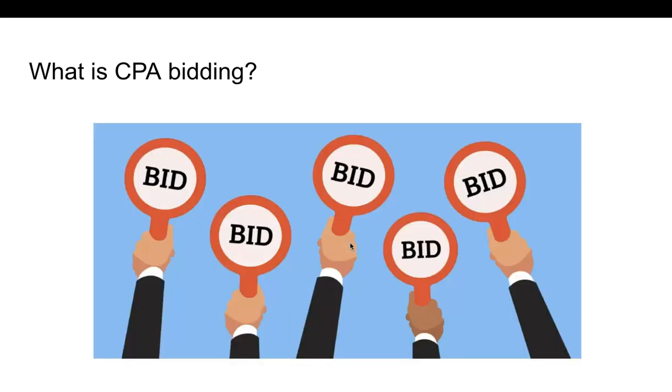So what is cost per acquisition bidding? Cost per acquisition bidding is a smart Google Ads strategy that lets you pay only for conversions, not just clicks. So you can decide what counts as a conversion, like a purchase or a form filled out or a download.